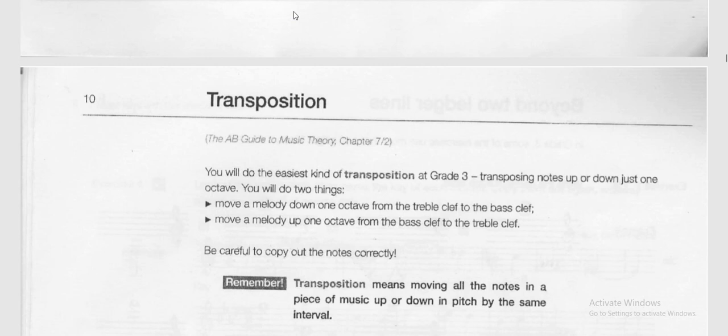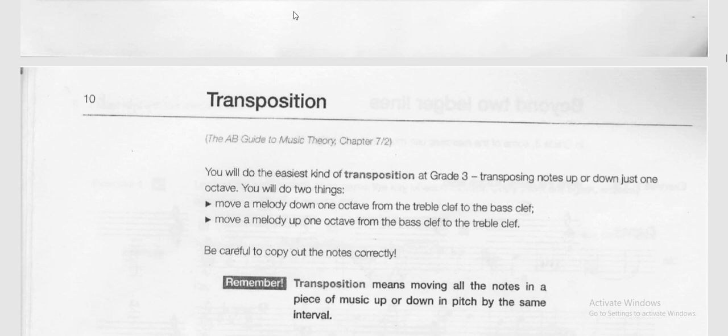And there is one trick that you need to remember when you study transposition up or down an octave. When you move up or down an octave, the note will still be the same. So for example, from E, you move up an octave: E, F, G, A, B, C, D, E. Also E, but it is higher and it's written differently.